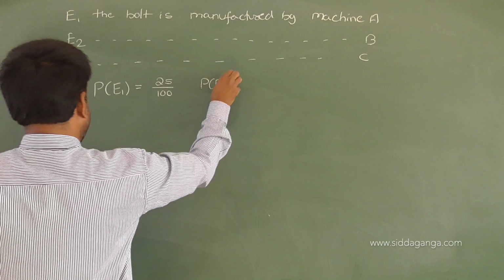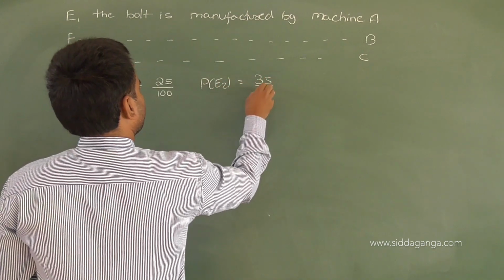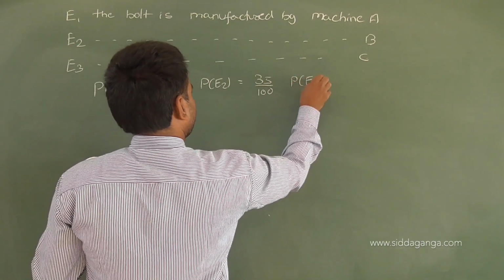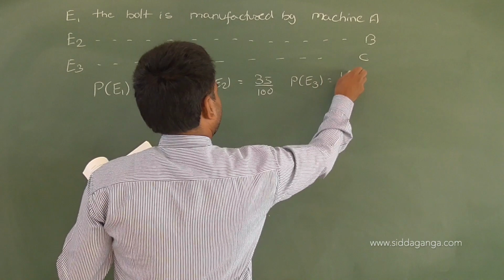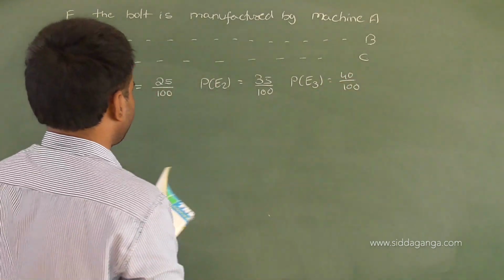Probability of E2 is 35 divided by 100. Probability of E3 is 40 divided by 100.